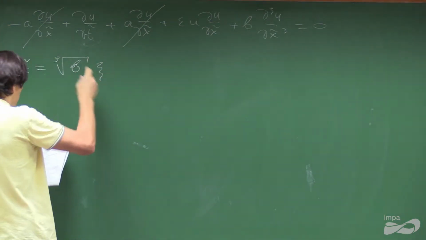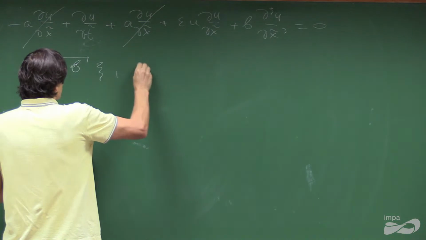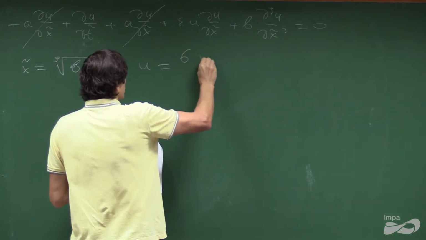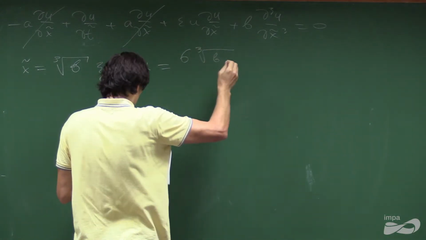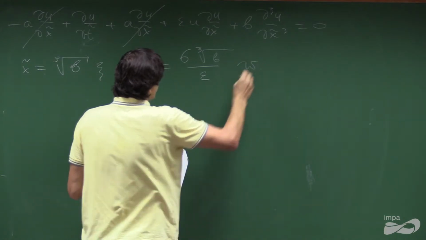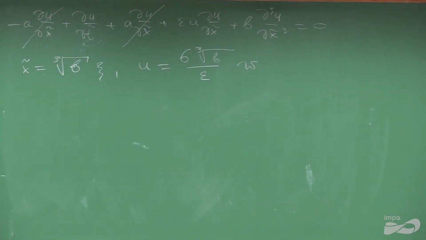Psi is our new variable. And also I change u. I take u to be 6 times cubic root of b divided by epsilon. And w will be my new variable.